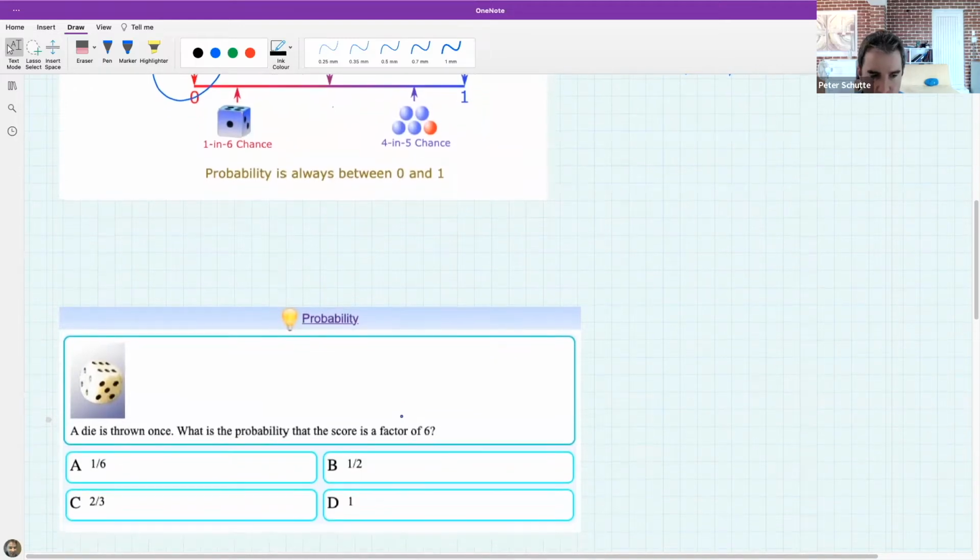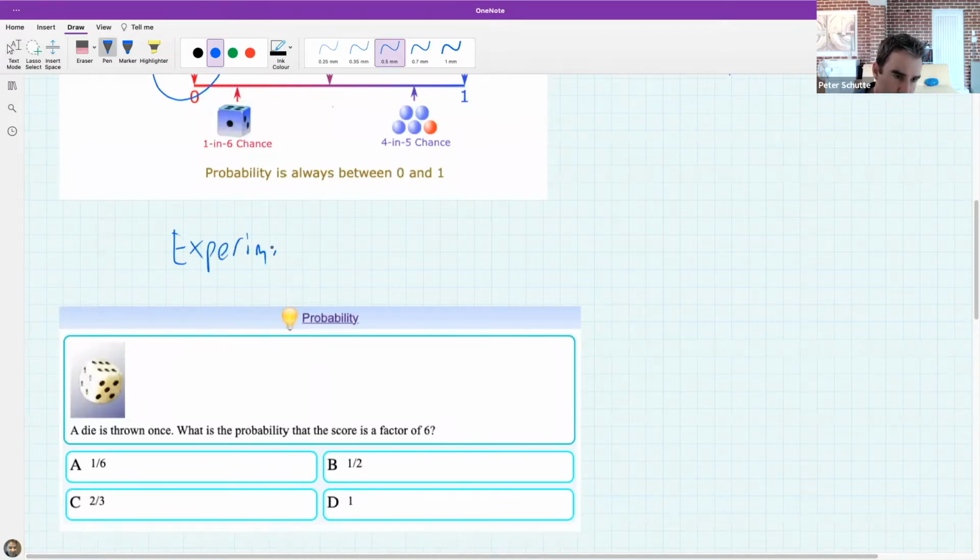Okay, so here is an example of a calculation involving probability. What is the experiment? The experiment is throwing this 6-sided dice. Now, it is asking us, what is the probability that the score is a factor of 6?